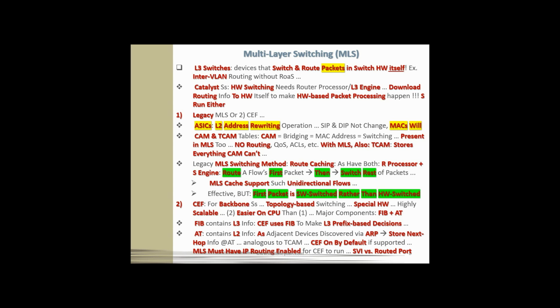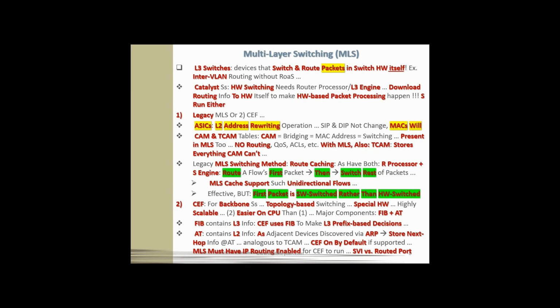At this point, MLS is just about ready to forward the packet with the CEF switching method. The MLS switch will make the same changes to the packet that the router would. And this means that we're going to change the layer 2 destination MAC address to the next hop MAC address, and the layer 2 source address will also change to the MAC address on the switch interface that is actually transmitting that packet.